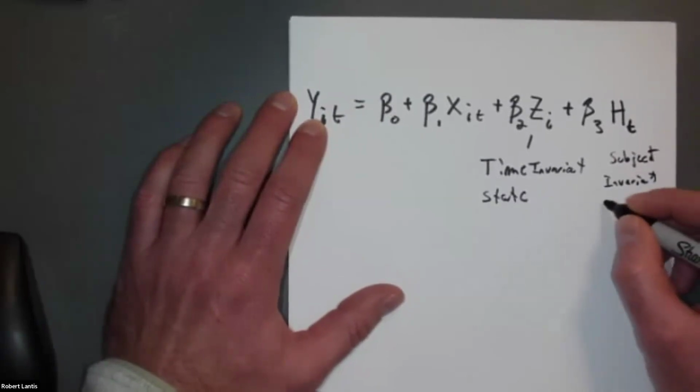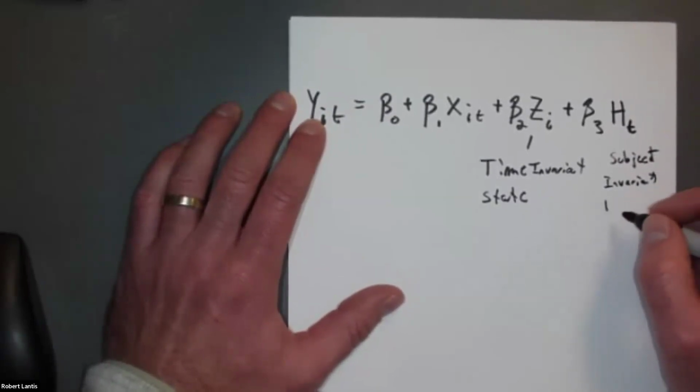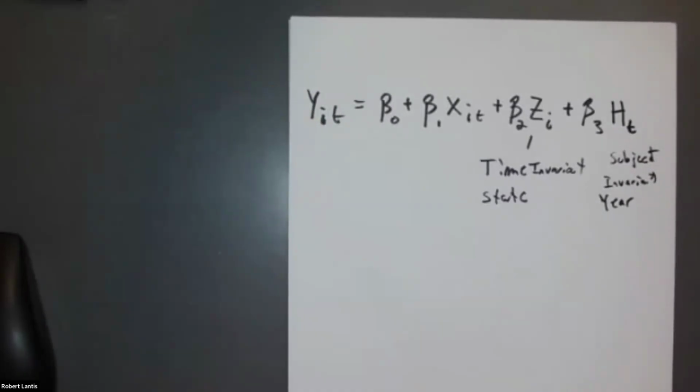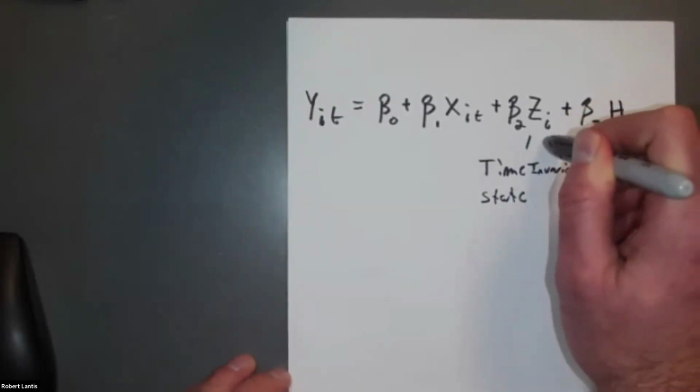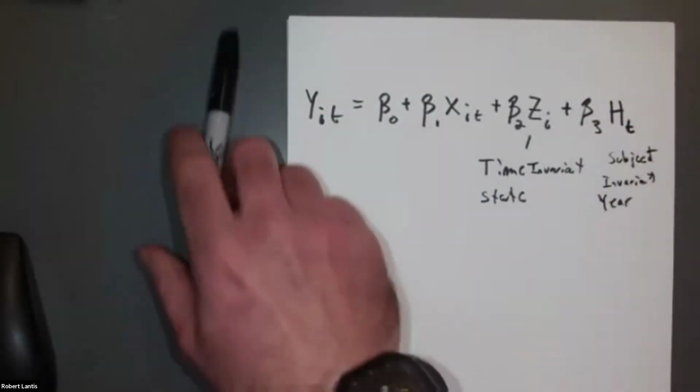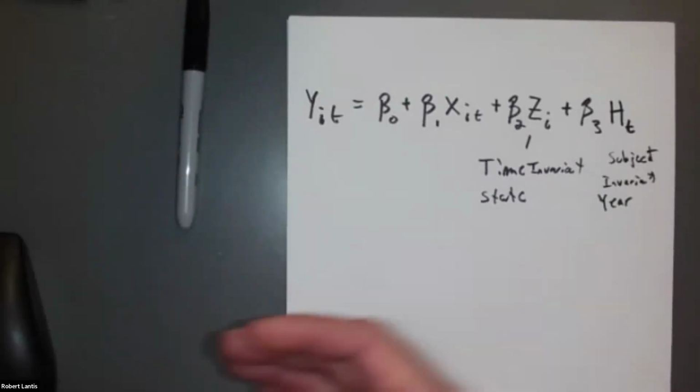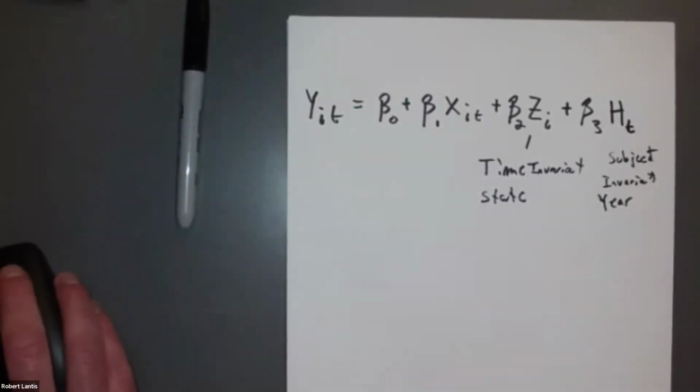Or in our example, this would be the year, right? In any given year, these laws impacted every single subject the same. So we can control not only for state level fixed effects, we can also control for time or year level fixed effects. So we'll call this a two-way fixed effects model.